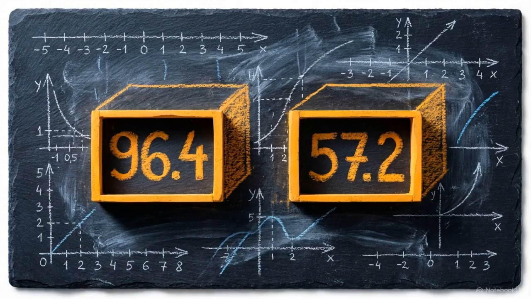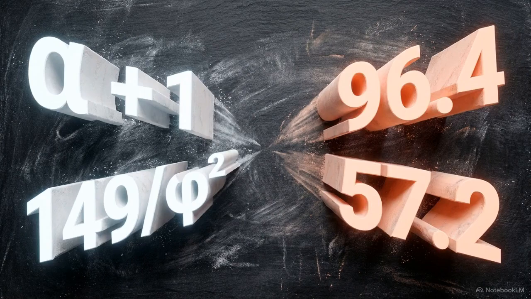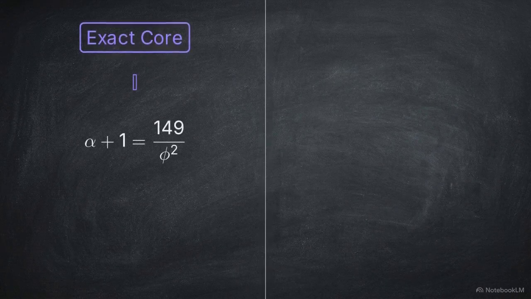We now have the tools to evaluate our original empirical data. We must place the exact irrational mathematical constructs of alpha plus 1 and 149 over phi squared into direct collision with our starting variables. Bringing back our split screen, the left side is locked to our proven exact irrational identities.